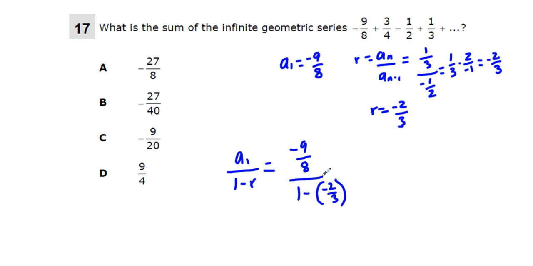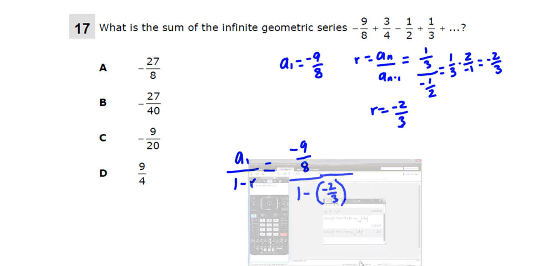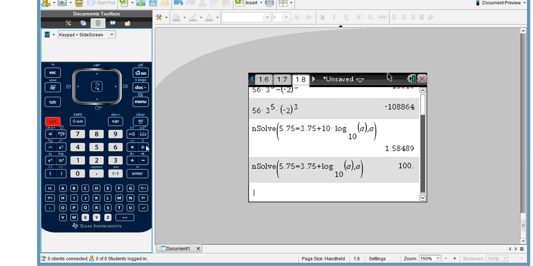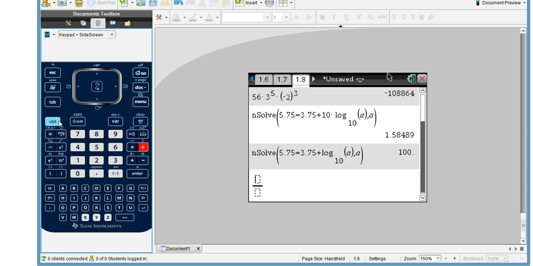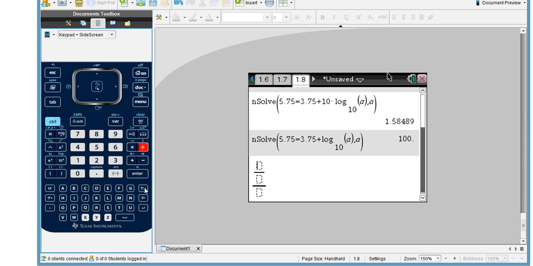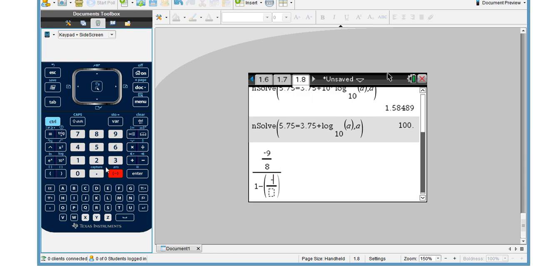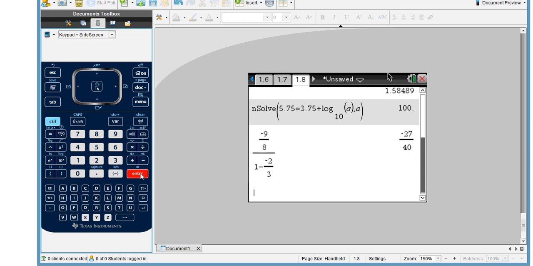And so we can just put this in our calculator. We'll put in negative 9/8 over 1 minus, and then we're going to put in negative 2/3, and then we should get our correct answer here, which could be negative 27 over 40.